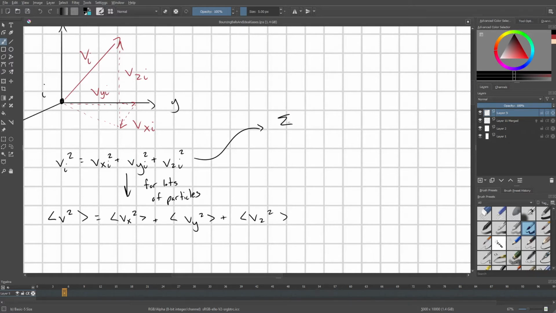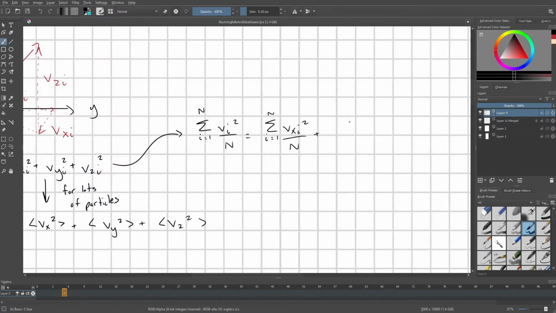So the sum from i equals 1 to n of vi squared over n equals the sum from i equals 1 to n of vxi squared over n plus the same for y and z.